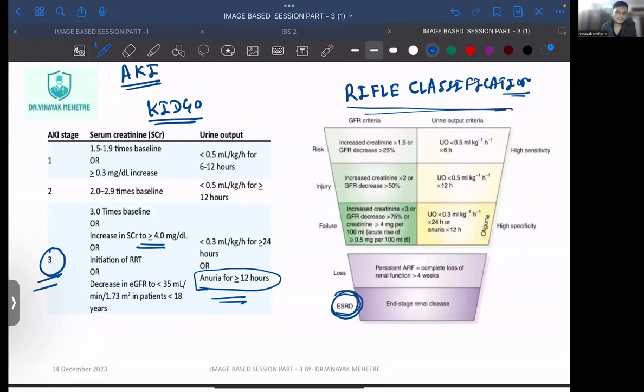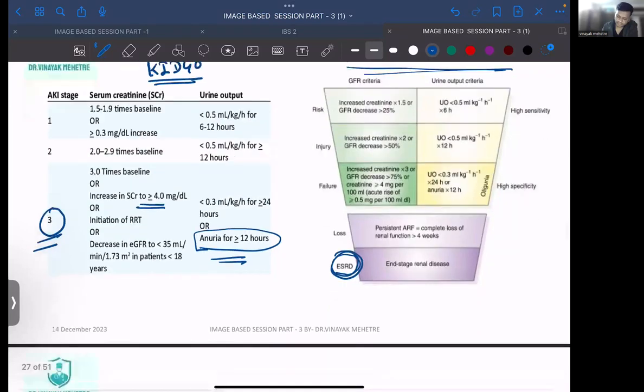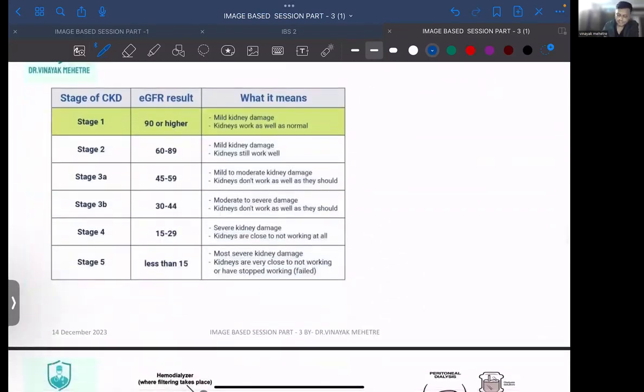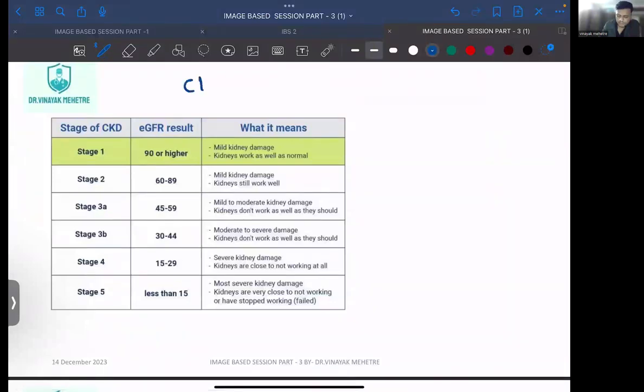No urine at all. This patient needs dialysis in end stage renal disease, right? So that patient will be transferred into which category? CKD patients.